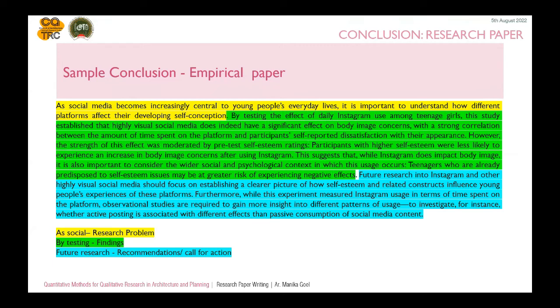Furthermore, while this experiment measured Instagram usage in terms of time spent on the platform, observational studies are required to gain more insights into different patterns of usage, to investigate whether active posting is associated with different effects than passive consumption of social media.